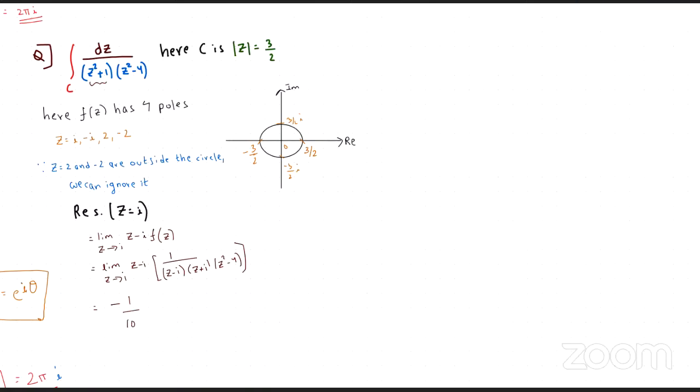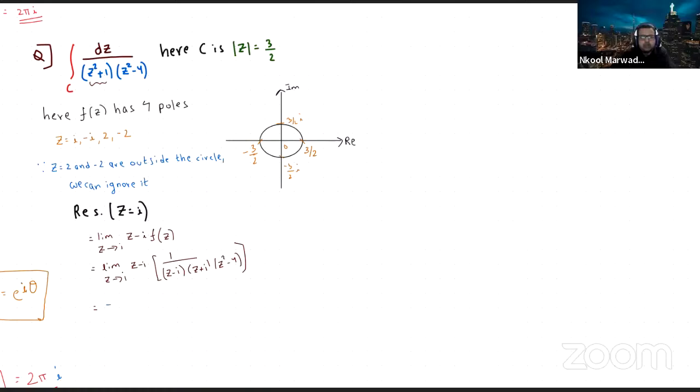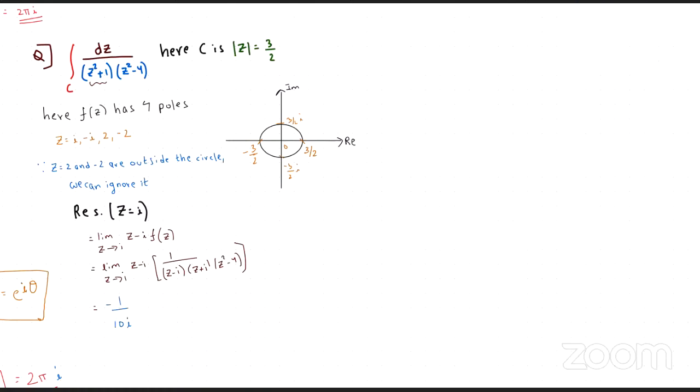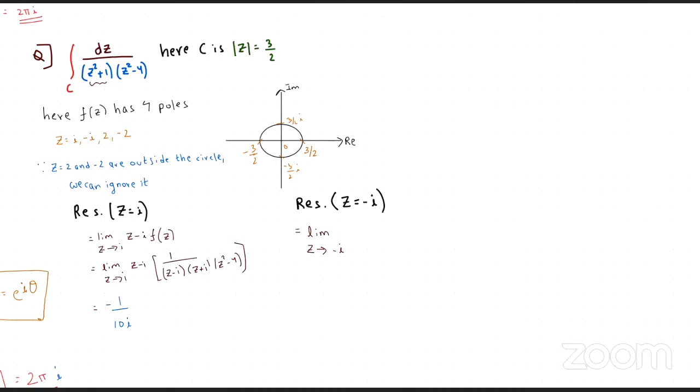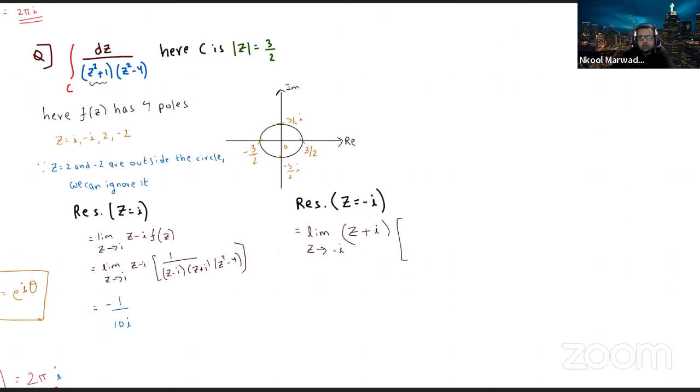Let me write it. Similarly, I will do it for the other, minus i. Limit z tends to minus i.